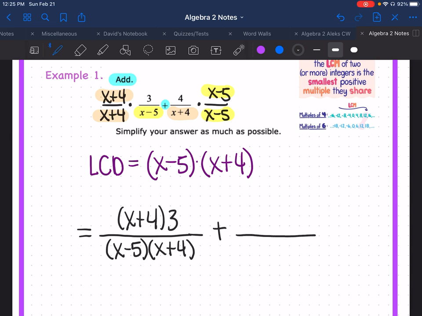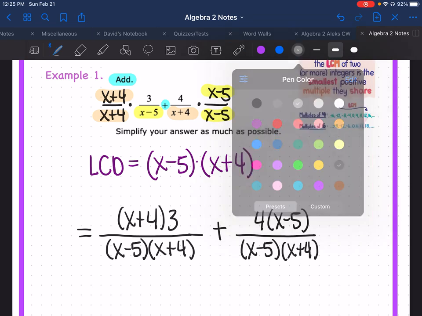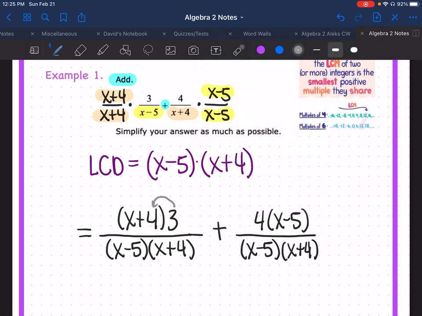And in the second one, here's my least common denominator, the two of them together. And I'm going to have to distribute this as well. All right, so the next step is I'm going to distribute this 3. I'm going to get 3x plus 12. And here I'm going to distribute my 4, and I'm going to get 4x minus 20.